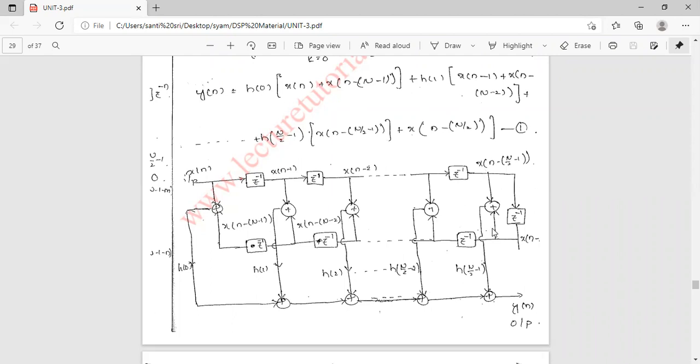So this will be the diagram. This is y of n. This is x of n.